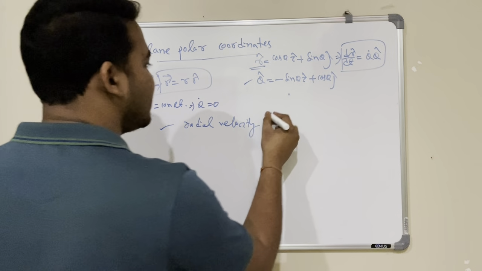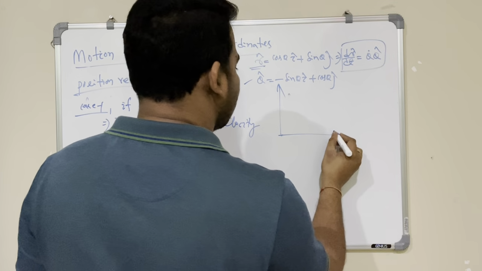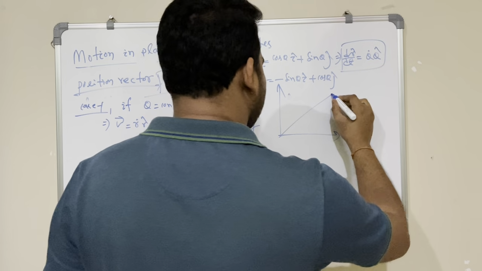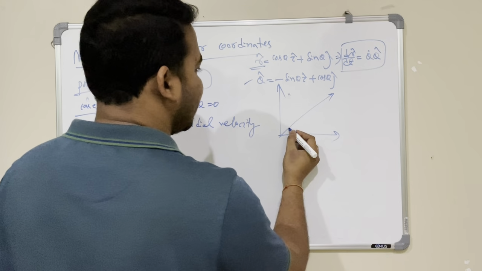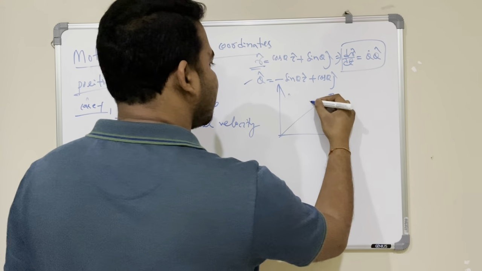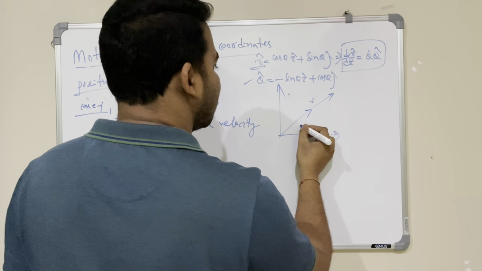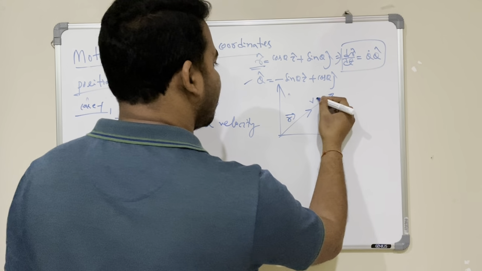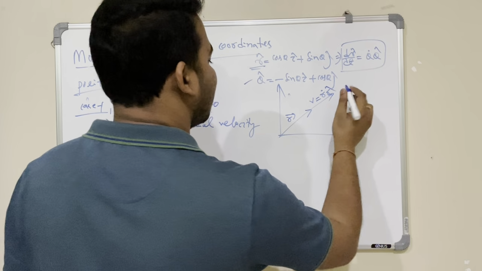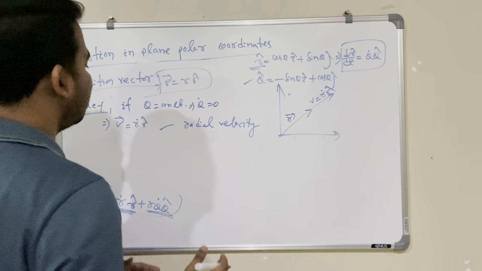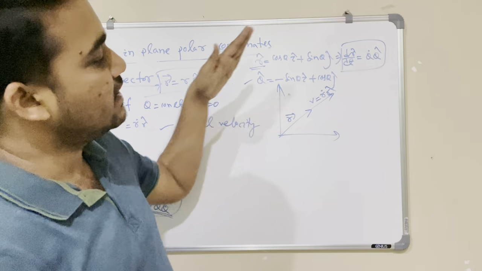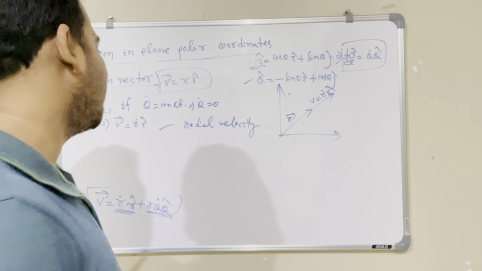That means the velocity is along the radius. Theta equals constant means this is a straight line. Let's say this is your r vector. So velocity is r dot r cap, and this is the direction of velocity. That means the direction of velocity is in the direction of the position vector if theta is constant.